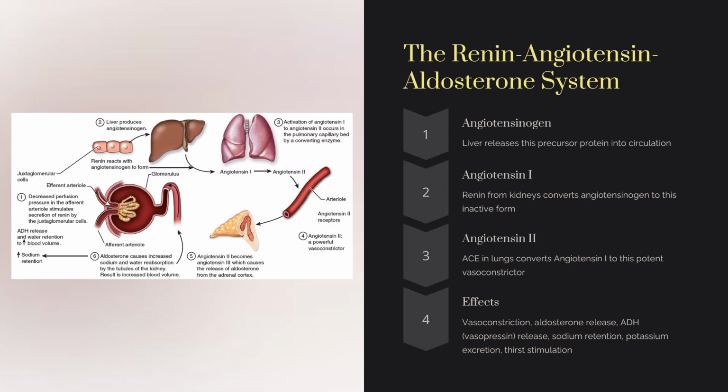And so once there is increased blood flow to the kidneys, that should trigger the renin to stop being released. What happens with hypertension is your body kind of gets tricked, because blood isn't getting to the kidneys the way that it is supposed to.